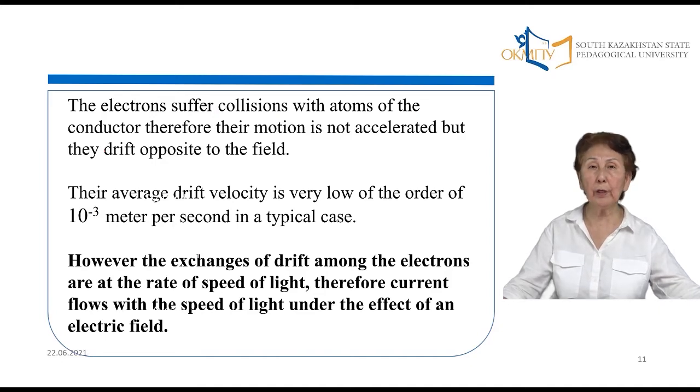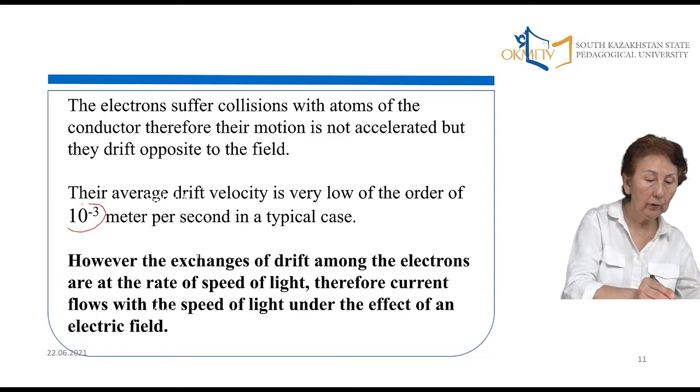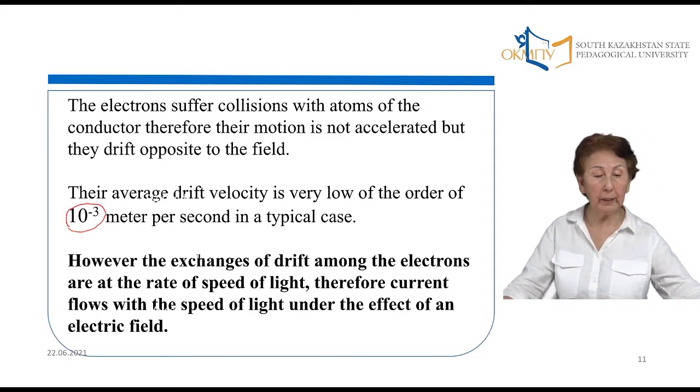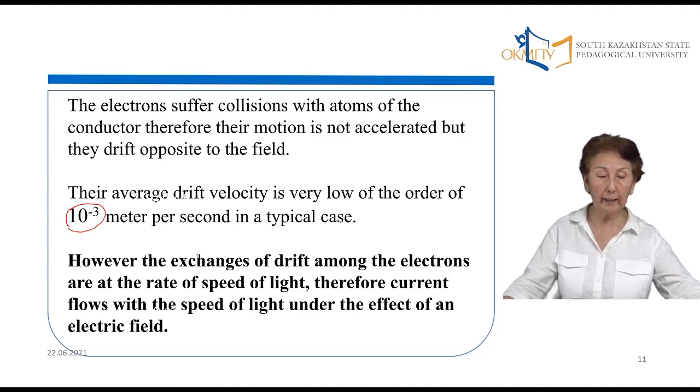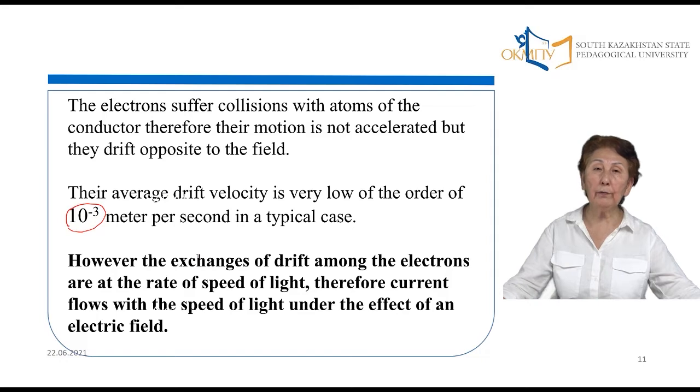Their average drift velocity is very low, of the order of 10 to the minus third power meter per second in a typical case. However, the exchange of drift among the electrons is at the speed of light. Therefore, current flows with the speed of light under the effect of an electric field.